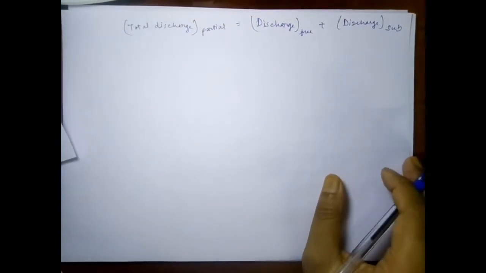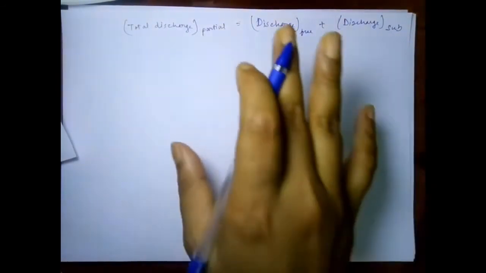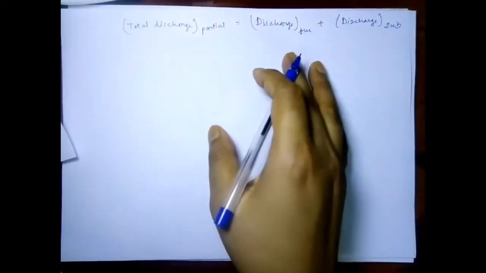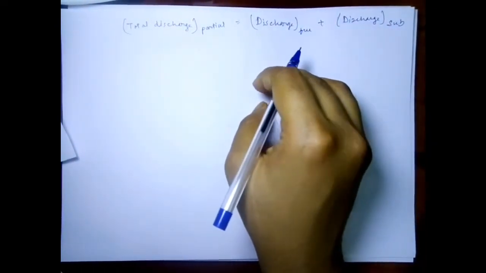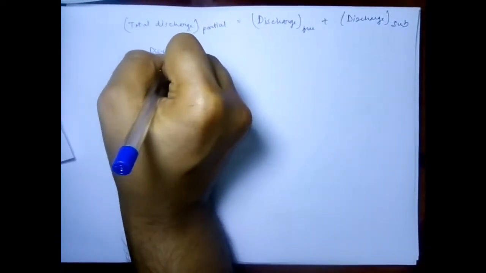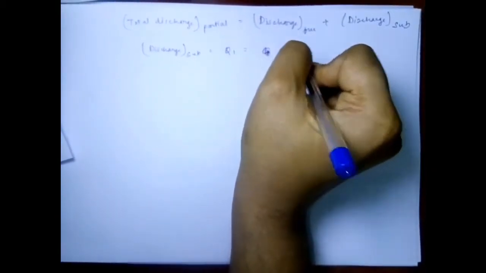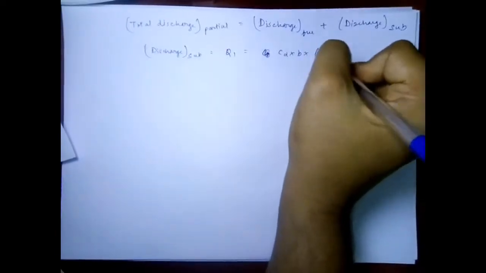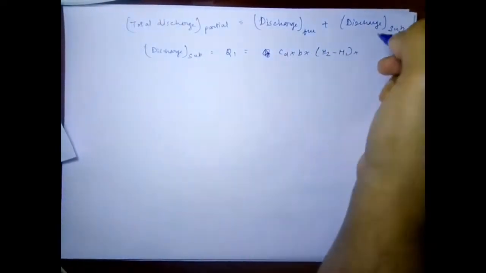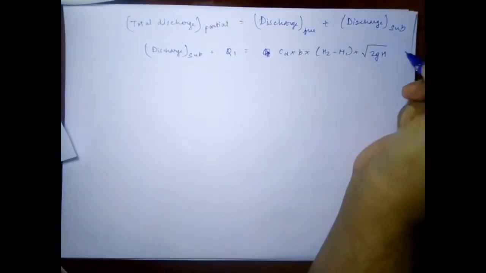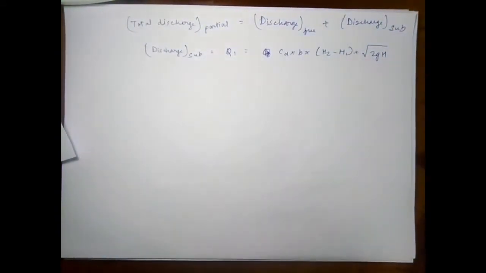As we have already discussed the part where we got the discharge for the fully submerged orifice, let us consider that discharge is equal to Q1, suppose, and it is equal to CD times B times H2 minus H1 times root 2GH. This is the discharge through the submerged part of the orifice.